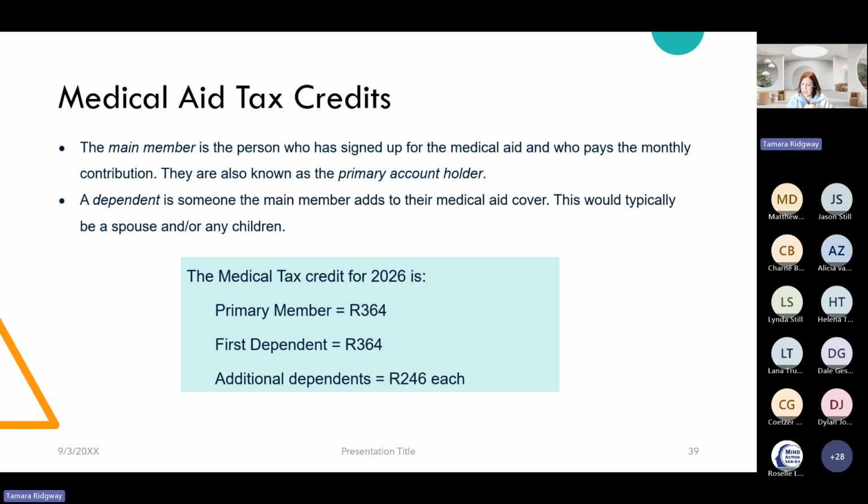The medical aid tax credits. So, Lwazi, that formula, I've also seen it floating around. Thank you. I'm going to be honest with you, I don't use that formula.